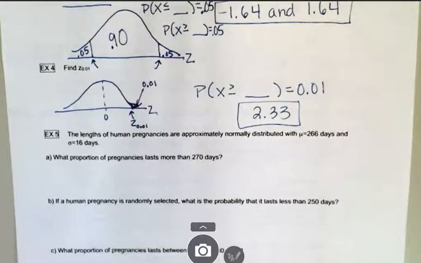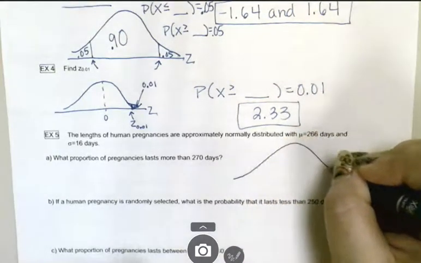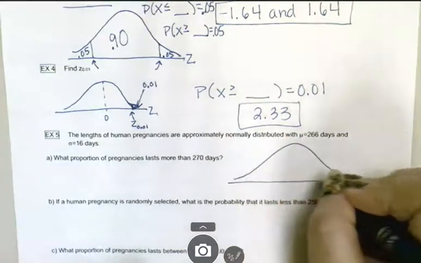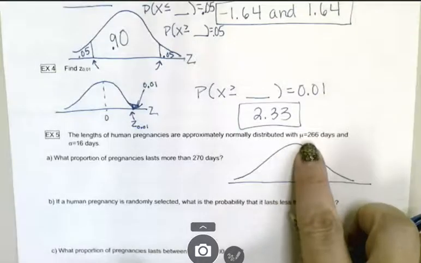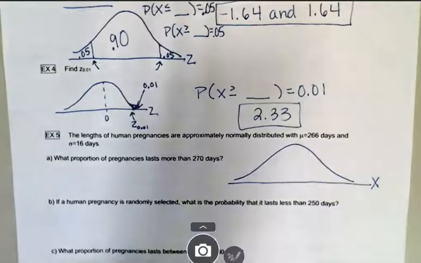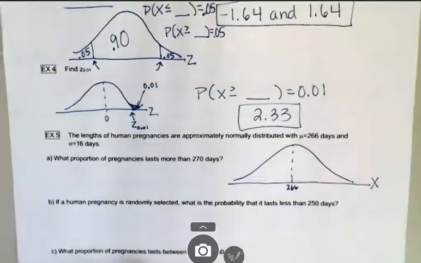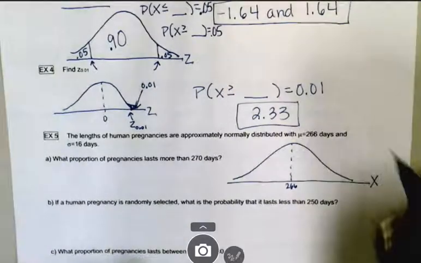The lengths of human pregnancies are approximately normally distributed with mean 266 days and standard deviation of 16 days. So automatically, because I know I'm going to have to draw that curve, I have to draw it on pretty much every question. In this case, it does not have mean of 0, so my continuous random variable is x. My mean is 266. My standard deviation, it says, is 16.